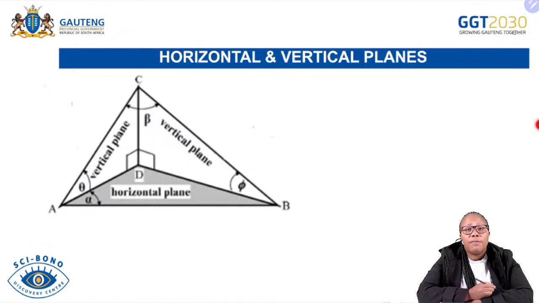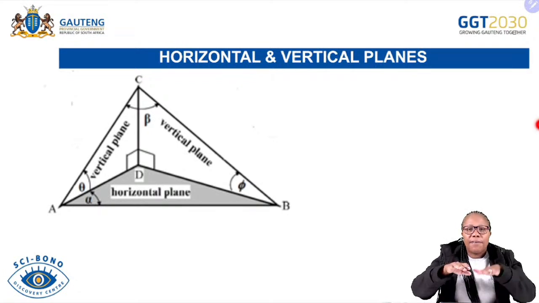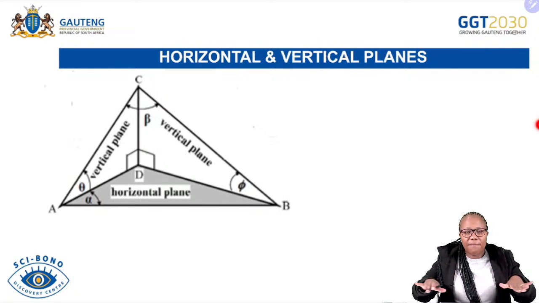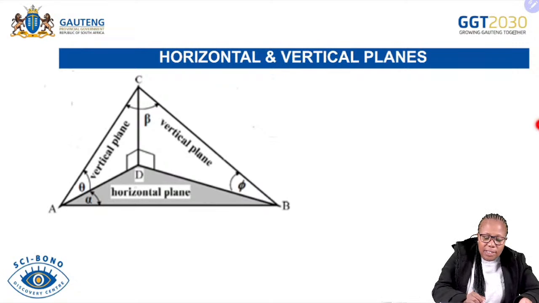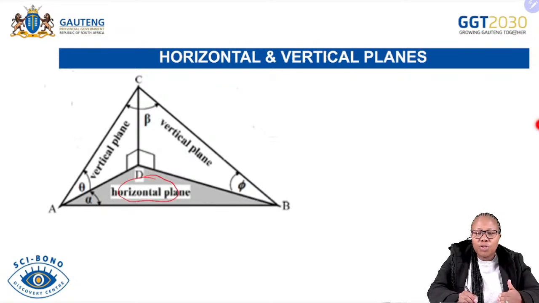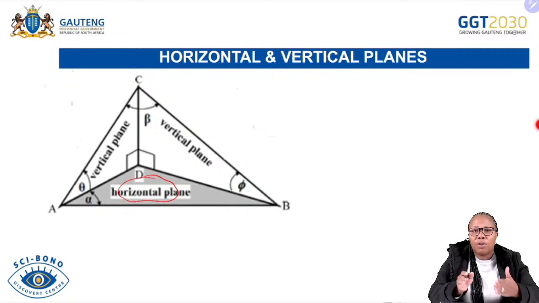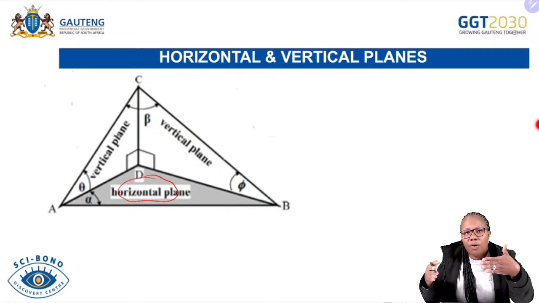Okay, and then we have another information that we need on identifying a horizontal and a vertical plane. When we talk a horizontal plane, it's a flat plane, grade 12, a flat plane like your floor at the corner of your house. The flat part is the horizontal plane. As you can see, this part here is indicating a horizontal plane. And when you talk vertical plane, think about the wall at the corner of your house.